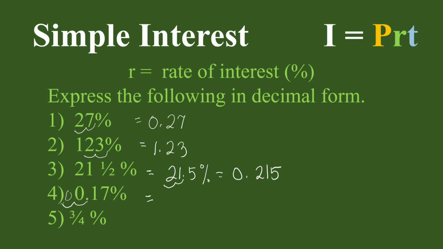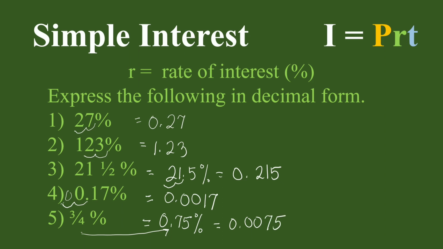So, we have here 0.0017. And finally, we have 3/4%. 3/4 is 0.75. So 3/4 is the equivalent of 0.75. And the 0.75%, 2 decimal places to the left. So 0.0075. Alright? So that's converting percentages into its decimal form.